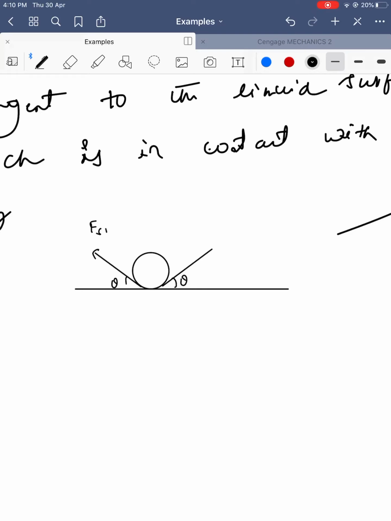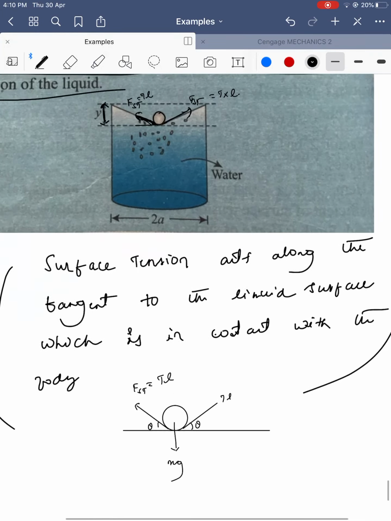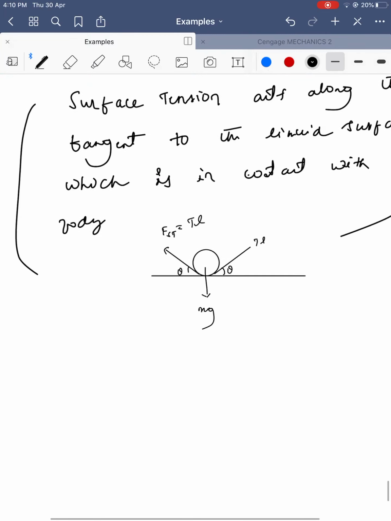Here the surface tension force is T into L, and to balance this, the downward force is equal to mg. Mass is not given, but the weight per length is given.